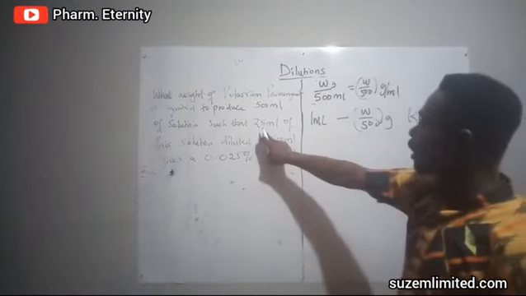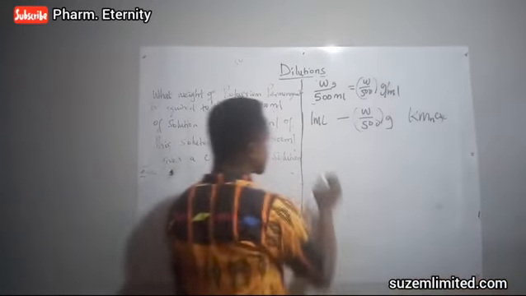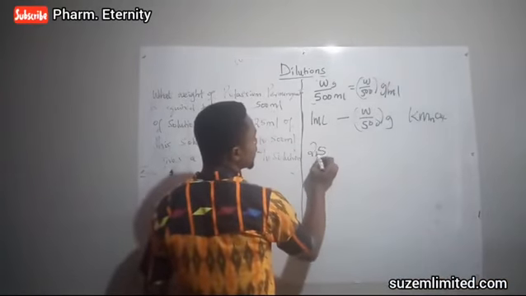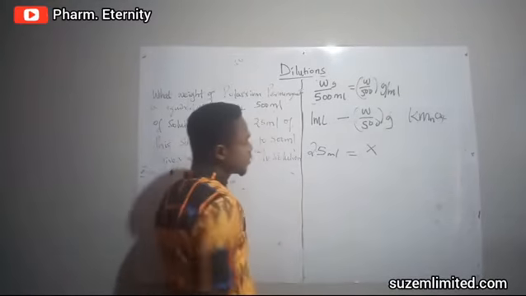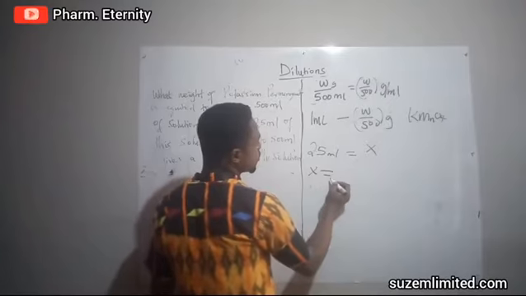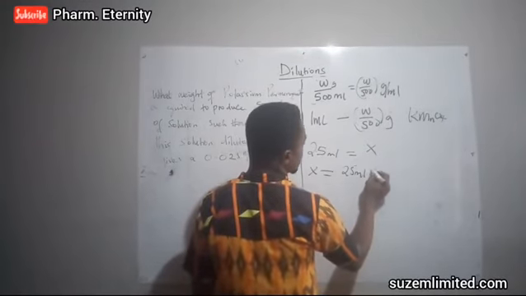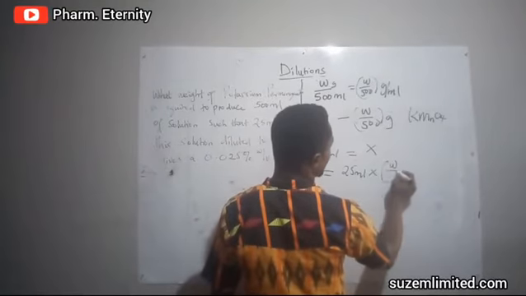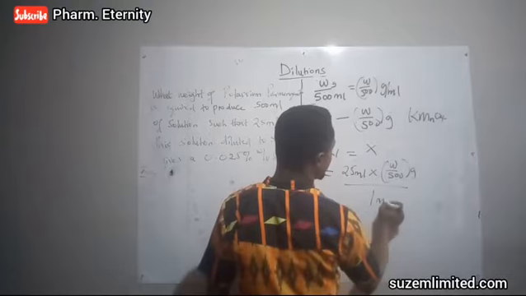But we want to take out 25 ml from this solution. That implies that 25 ml is now X. We don't know it. So X here is equal to 25 ml times W over 500 gram divided by 1 ml.